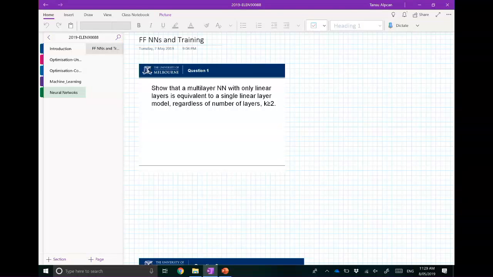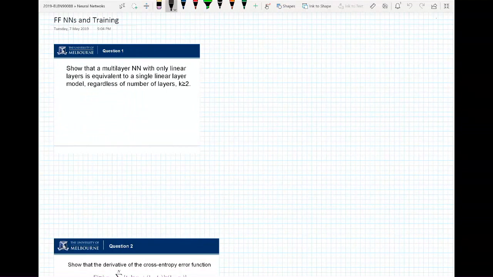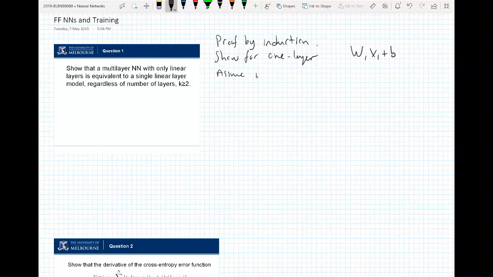We can use mathematical induction. We show it for one layer. Proof by induction: show for one layer, then you get W1 x plus b1, right? That's linear. Then assume it holds for k layers.